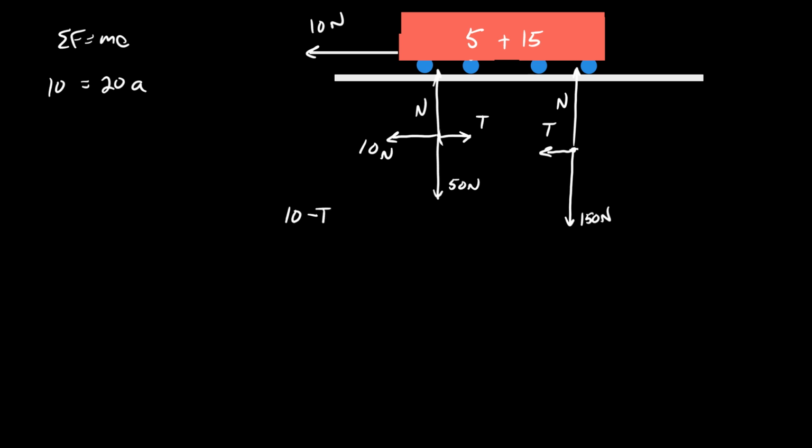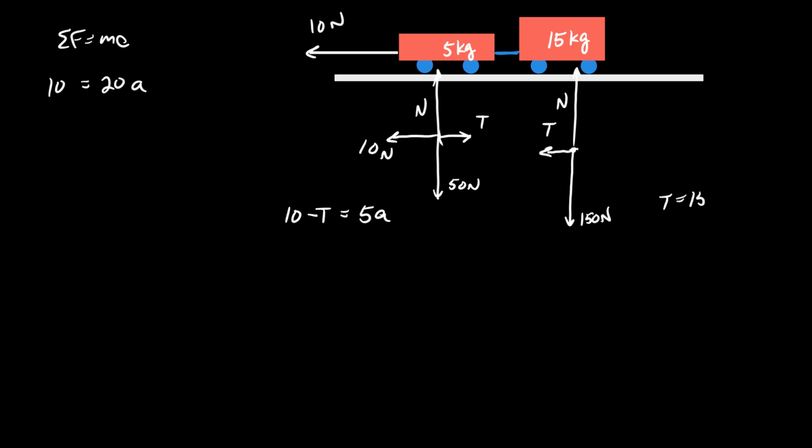10 minus T equals 5A. That's the first car. And T equals 15A. That's the second car. I'm going to pull this together. I'm going to add the two equations together.